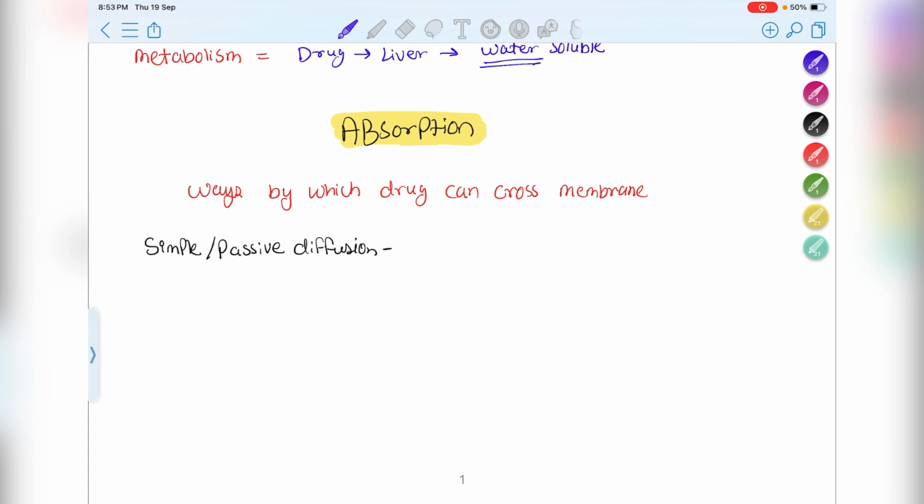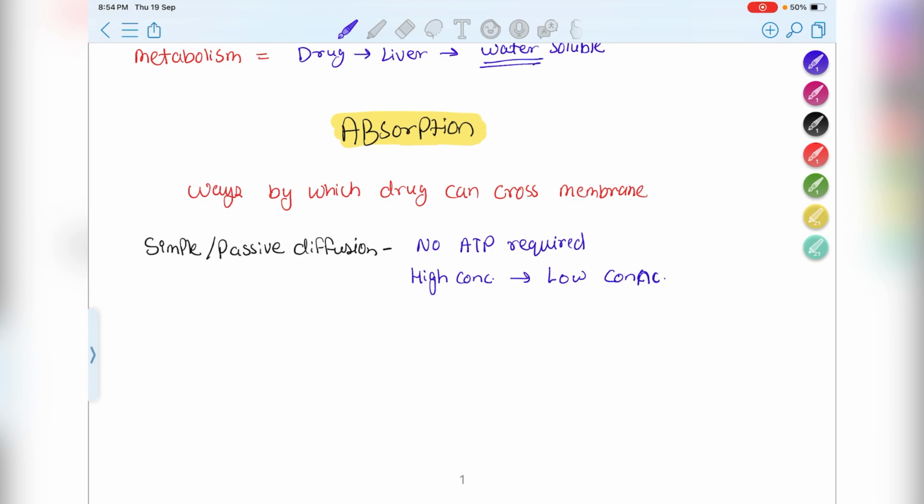Here no ATP or energy is required. And it will go along the concentration gradient, from high concentration to low concentration.